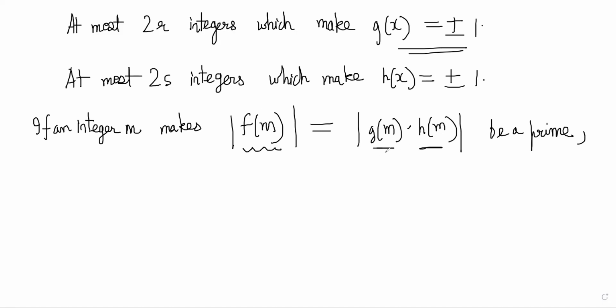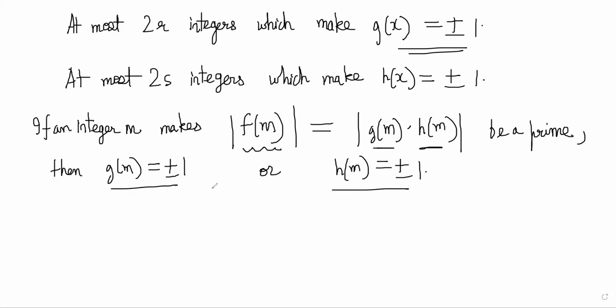It can't be unless one of them is plus or minus 1, right? The only way this can happen is if either g of m is plus or minus 1 or h of m is plus or minus 1.